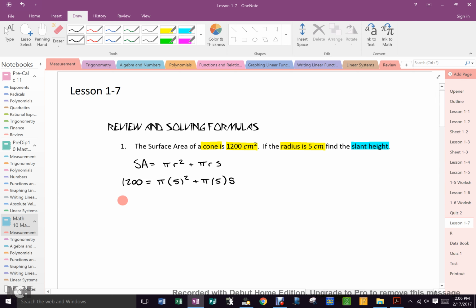I can fix 5 squared. 1,200 equals 25 pi, because 5 squared is 25, plus 5 pi slant. Does everyone agree? Now here is where most of you are going to get into trouble. I want nobody to write down what I'm about to write down. I just want you to pay attention.